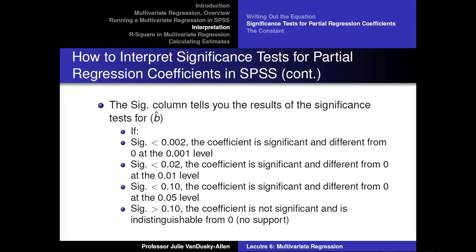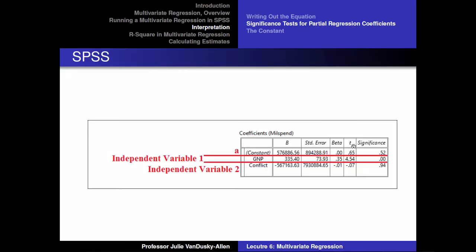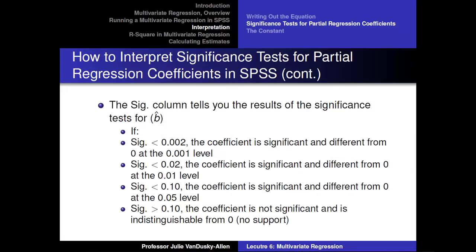Okay, so the next step is to look at the results of the significance test for B hat in SPSS. The last column here tells you the sig value for each B hat. If the sig value is less than 0.002, then the coefficient is significant and different from 0 at the 0.001 level.